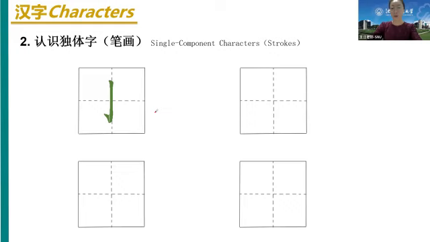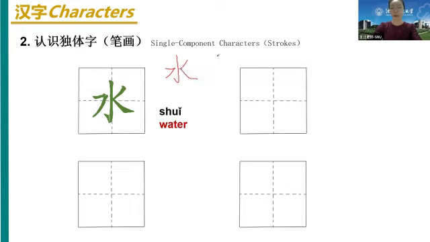And please write after the PPT. Vertical hook, right and left falling, right falling, okay? 水, water. Please write after me. Vertical, a hook, and then this one, left falling, right falling, 水.